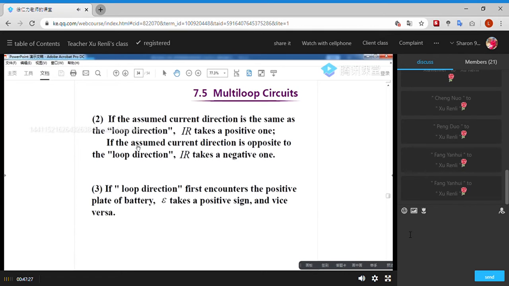If the assumed current direction is opposite to the loop direction, the voltage across the resistor takes a negative sign.